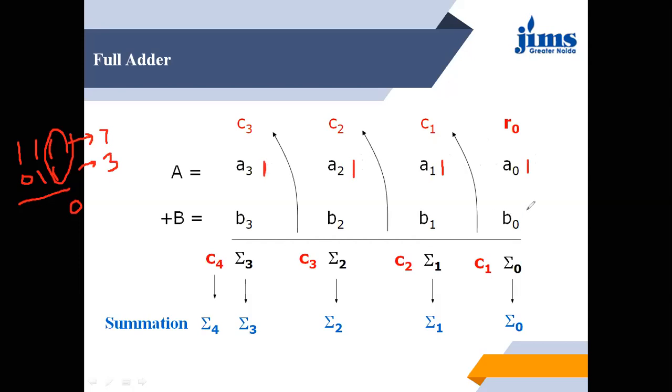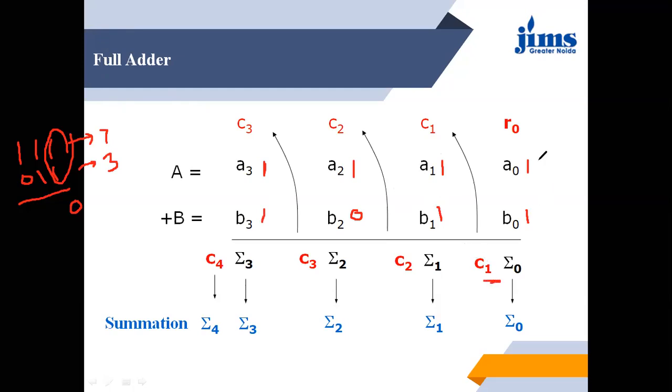B1 is also 1, this is 0, and for an example, this is also 1. Then I want to try to solve this question because we are adding 3 inputs. In half adder, we were taking only 2 inputs, but here these are 2 inputs and maybe there is a carry from the last sum.